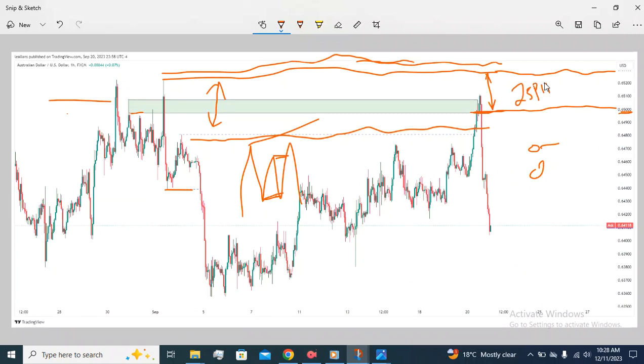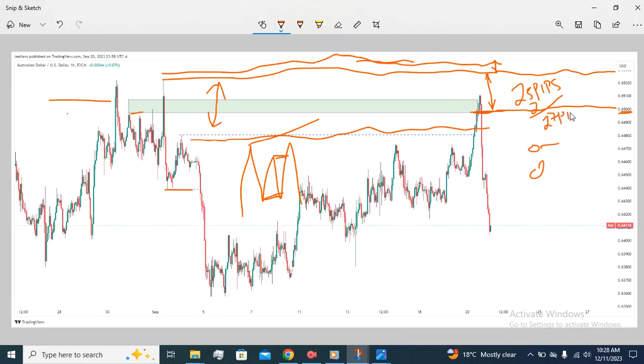Then you also consider the broker. Usually for AUD/USD, my broker gives me a spread of around 2 pips, maybe 1 something, but let's put 2 pips. So it becomes 27 pips.